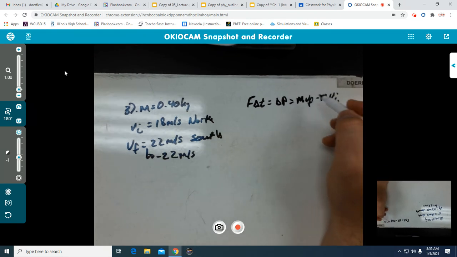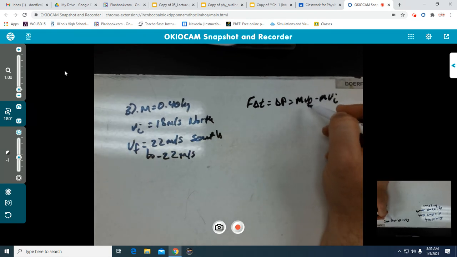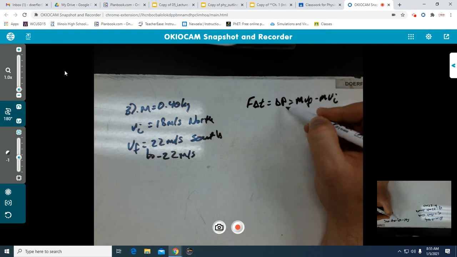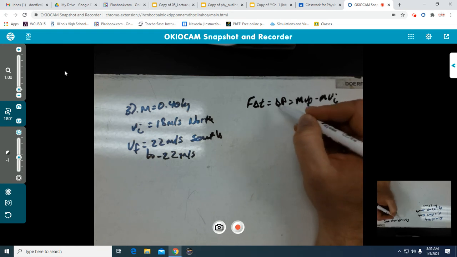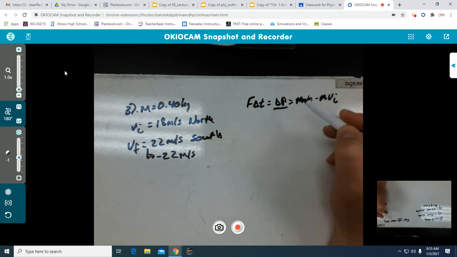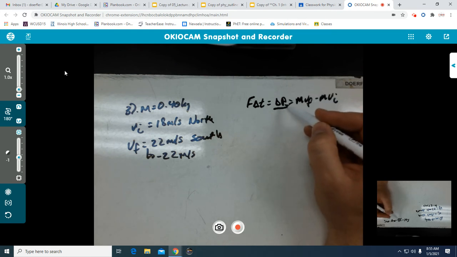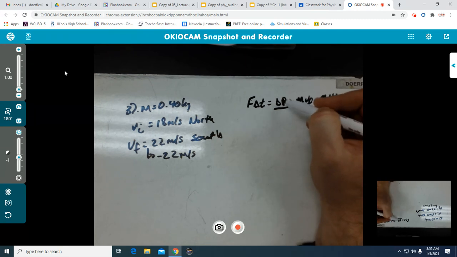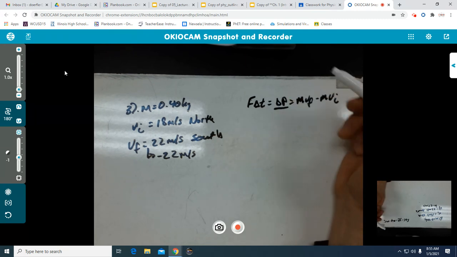So if we know the mass of the object and the initial and final velocities of the object, and we know that they are equal to change in momentum, and we also know that the change of momentum is equal to impulse, all we really need to do is solve for delta P. Because once we solve for delta P, that is going to be equivalent to our impulse there.